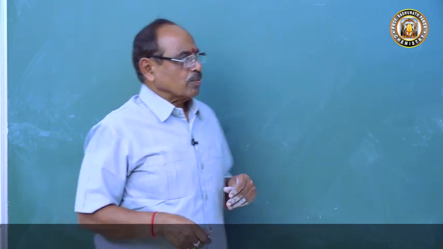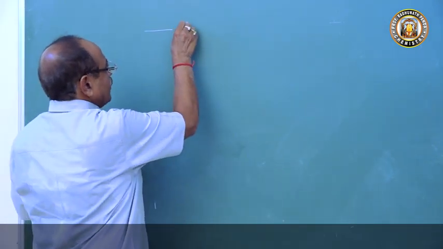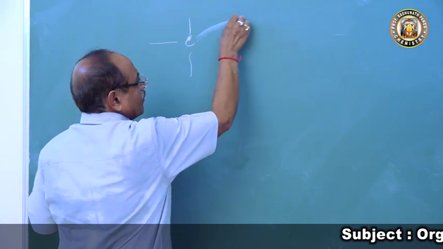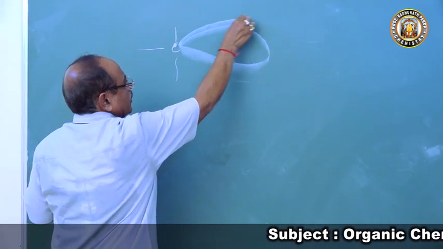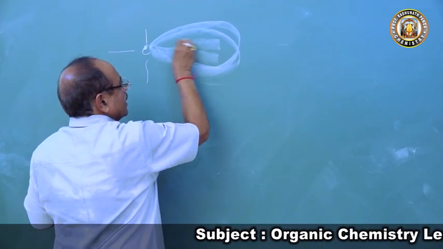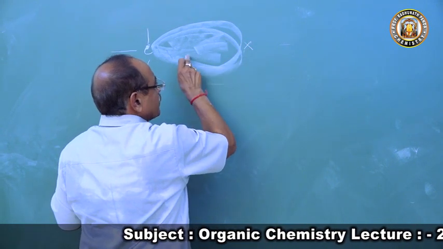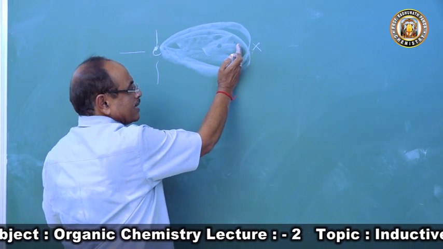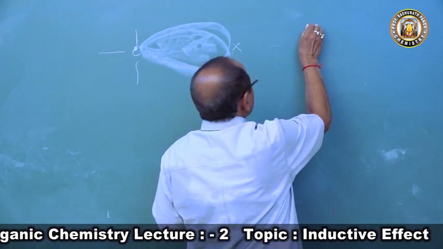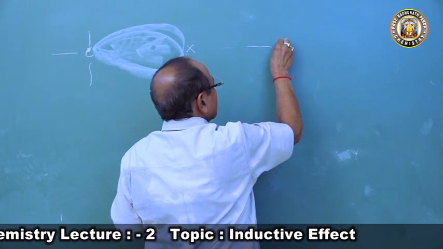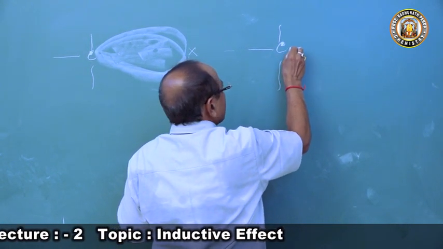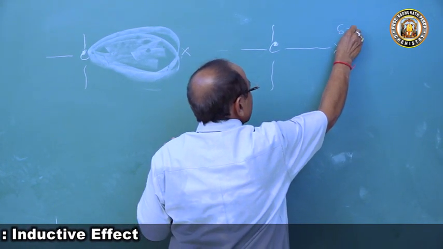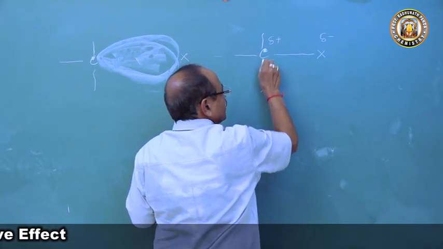This is the carbon atom bonded to X, and this pair of the electron cloud gets polarized towards the X. This happens because of this permanent polarization of the electron cloud away from carbon. Hence, as a result, the electron cloud is more towards X, so this X will get a delta negative charge, and carbon will get delta positive charge.